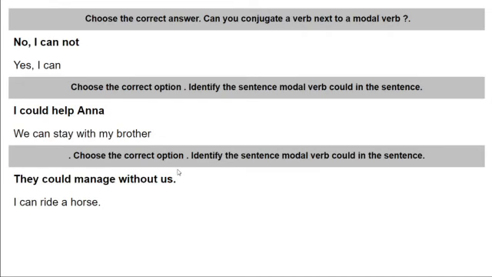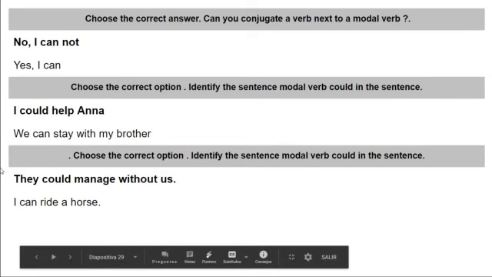Identify the sentence modal verb could in the sentence. Is the same. Please read number 1. Thank you. Second option, segunda opción. I can ride a horse. According to the instruction, de acuerdo a la instrucción, the correct option is the first sentence. Why?